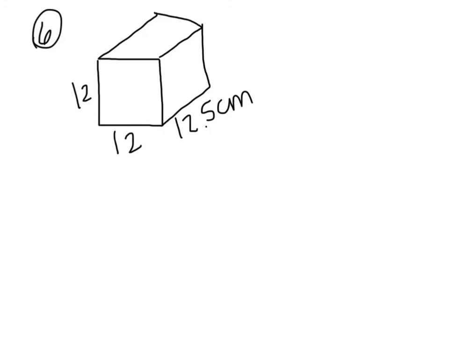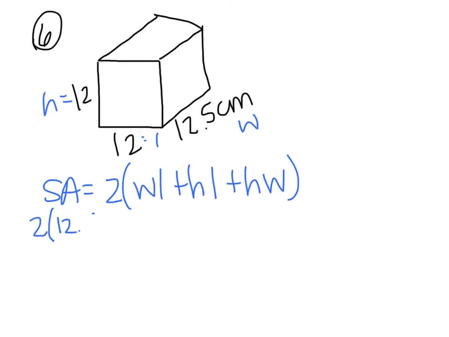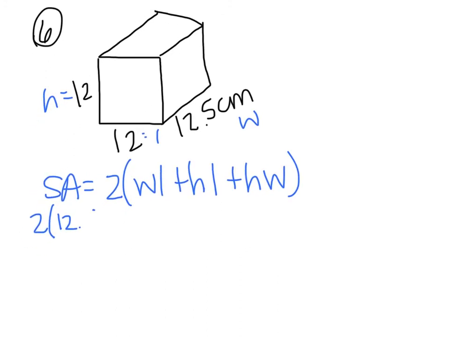All right, and our final one. Surface area equals 2 times length times width plus height times length plus height times width. So we have length, width, and height. So 2 times 12.5 times 12 plus 12 times 12 plus 12 times 12.5.